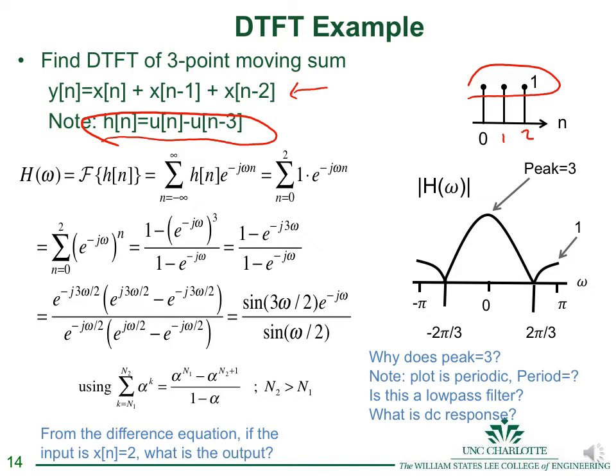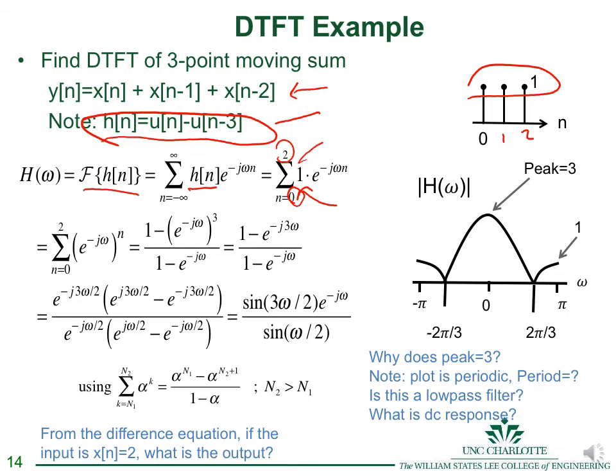So I'll let you work out those details, but right now all we need is the impulse response, which is 1, 1, 1. So to find the discrete time Fourier transform, plug it into the definition, and the sum values of h of n is from 0 to 2, since those are the only 3 non-zero values, and the value of h of n is 1.